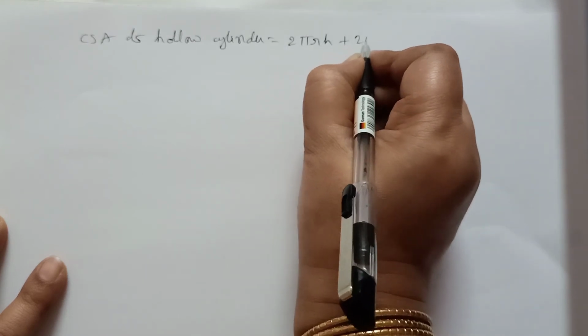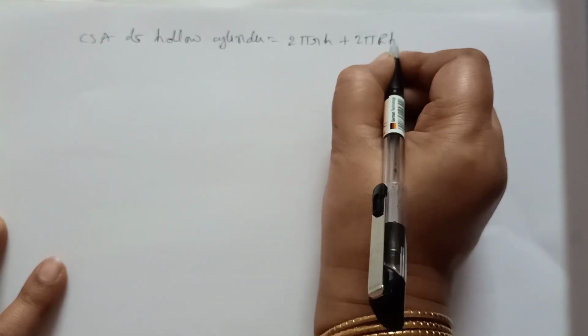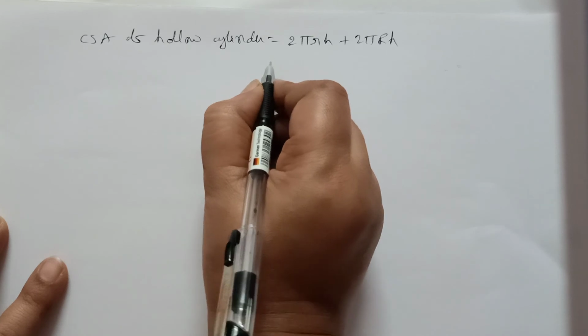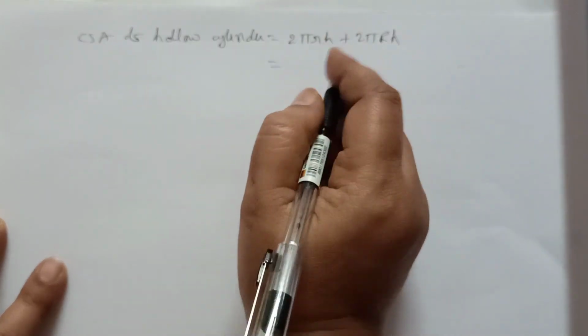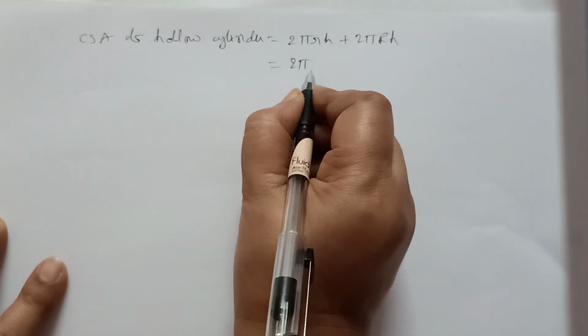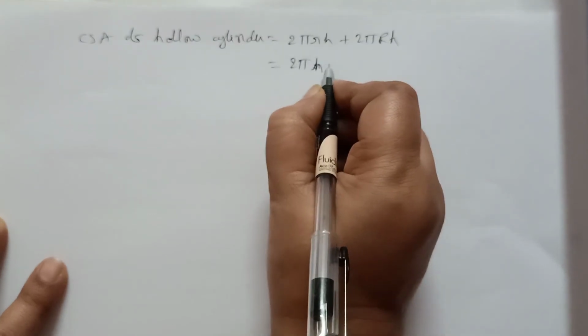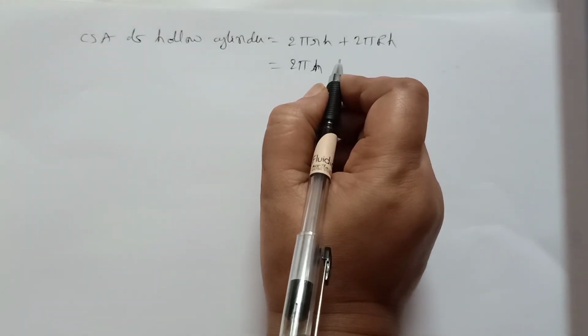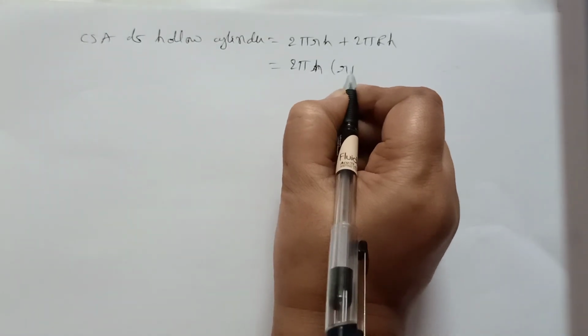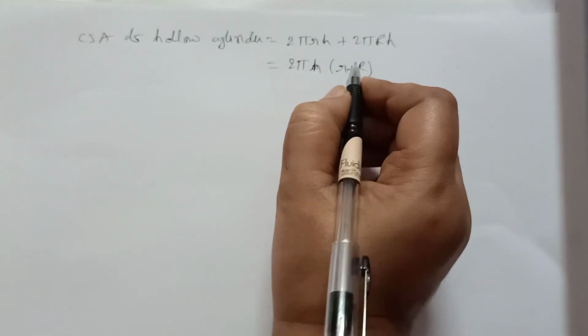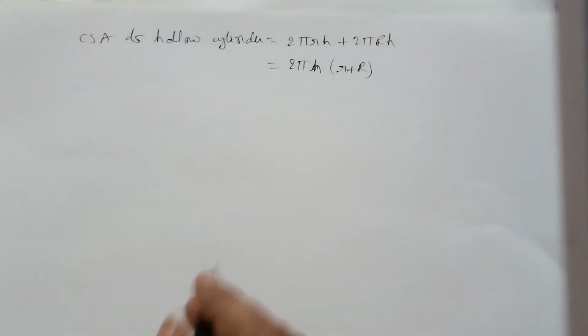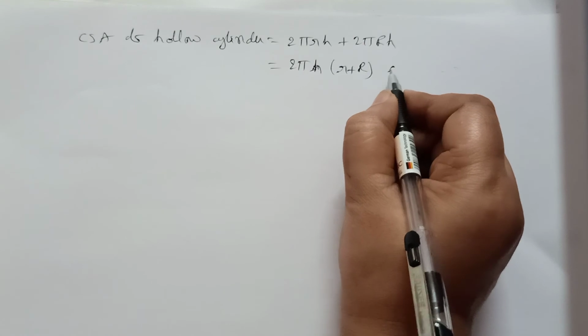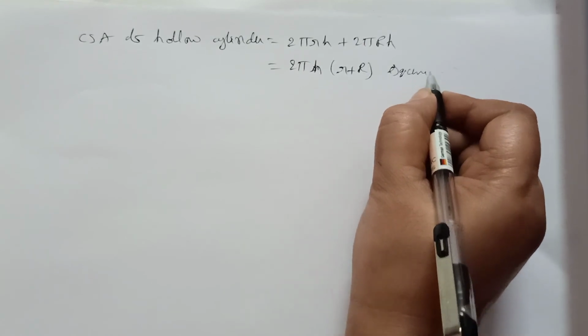For the outer cylinder, 2 pi capital R h. The height is the same, the radii are different. If you take 2 pi h common, (R plus r), so that is the CSA of the hollow cylinder, in square units.